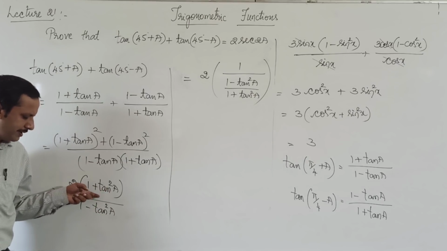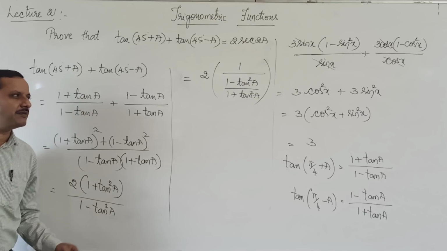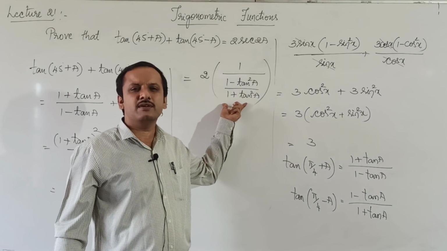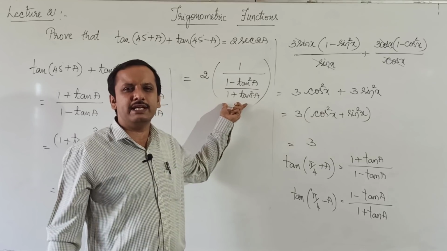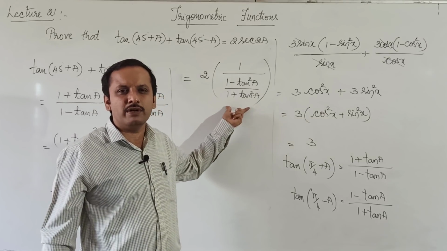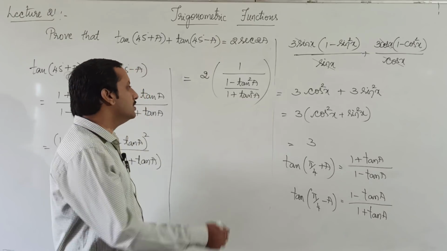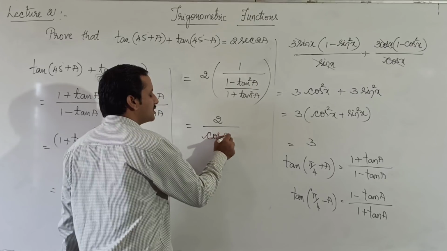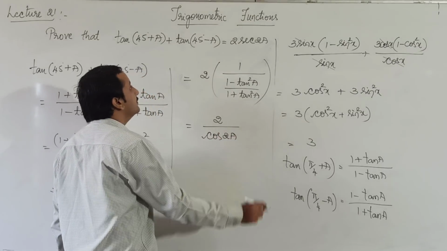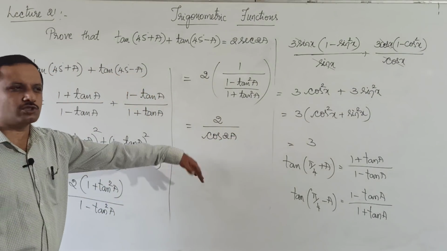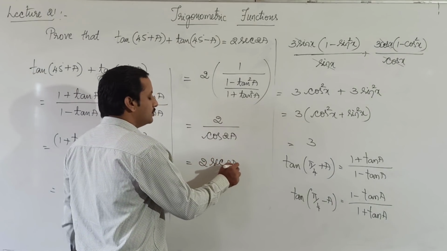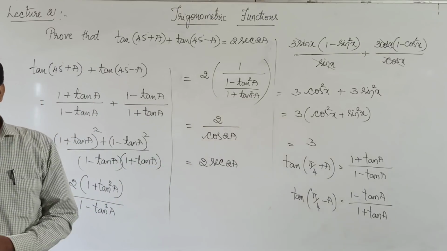Now look at this factor, (1 - tan² A) by (1 + tan² A). This is equal to cos 2A, right? So this is equal to 2 divided by cos 2A. That cos 2A you bring to the numerator, it becomes sec 2A. So you have 2 sec 2A.